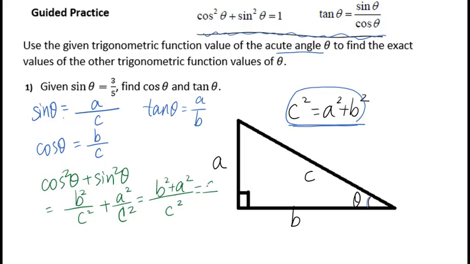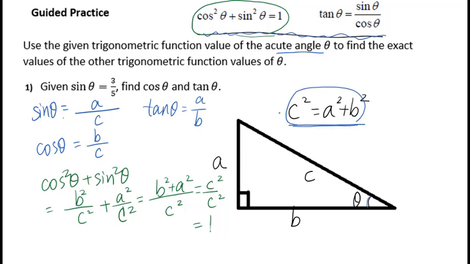That will be C squared over C squared, which is 1. So for an acute angle, we do know this trig identity is true. Basically, for any angle theta, this is always true.